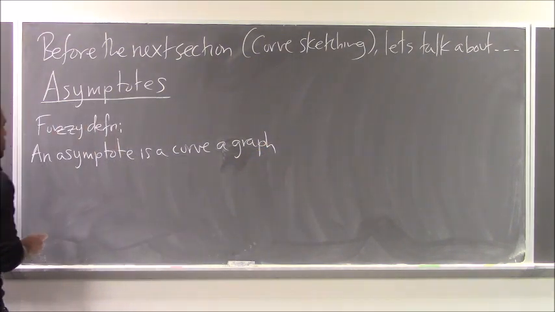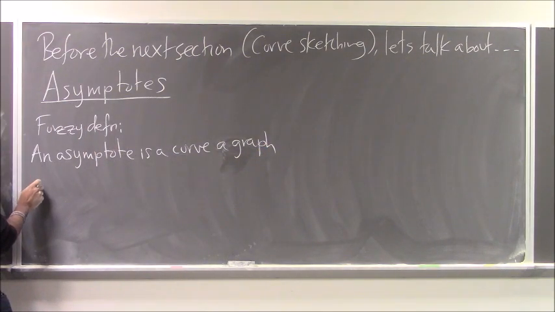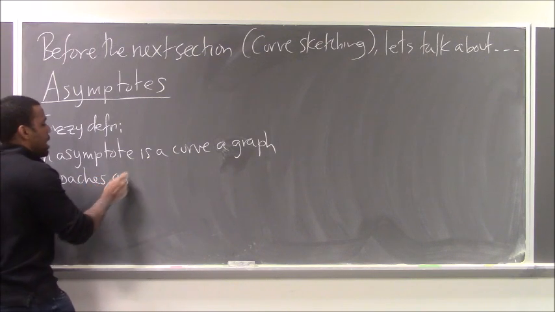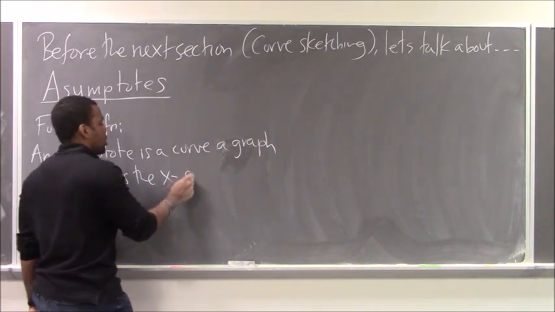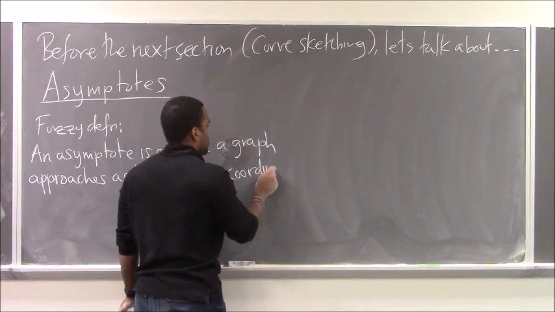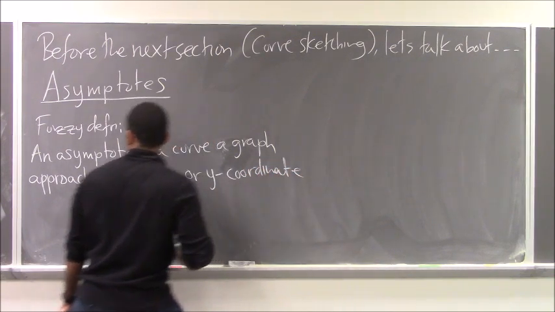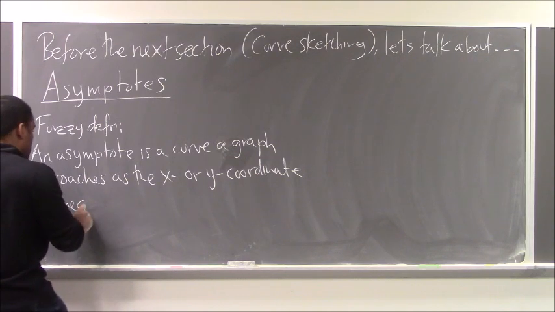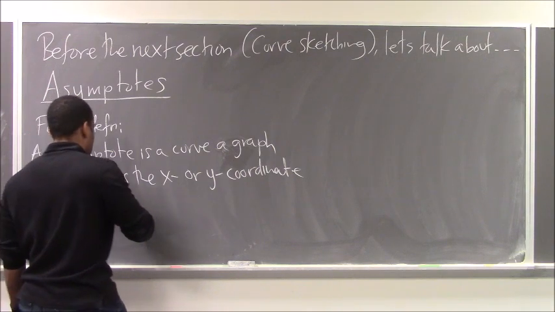An asymptote is a curve that a graph approaches as the x or y coordinate becomes infinite.